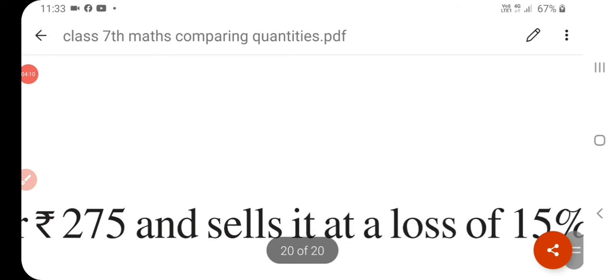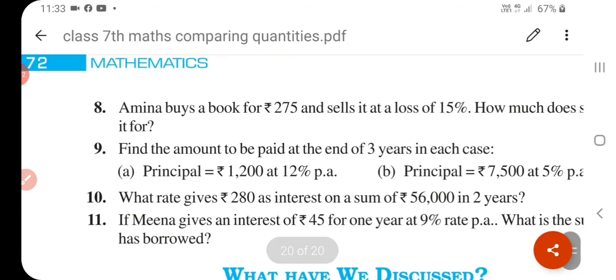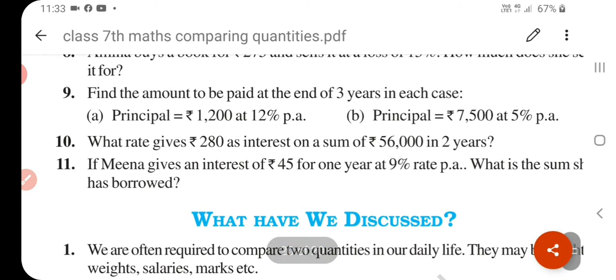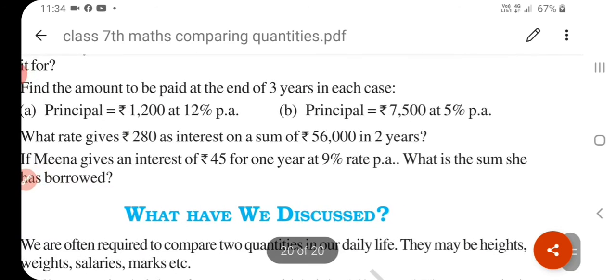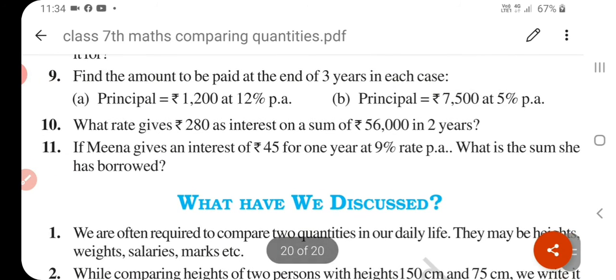Now question number 11. See, if Meena gives an interest of 45 for 1 year at 9% per annum, what sum has she borrowed? So if Meena gives an interest of rupees 45 for 1 year, it means the interest is given, and you have to find the principal amount.